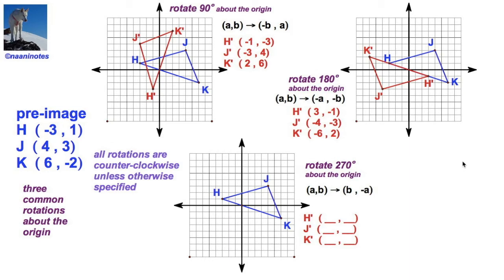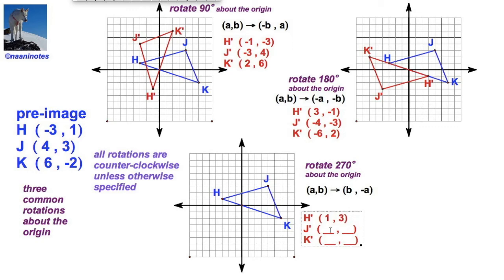Let's go to our third very common rotation, the 270-degree rotation. Again, we're going to take H at (negative 3, 1), and that will map over to, let me make sure we get this right. I'm getting dizzy with all these coordinates. That'll be (1, 3), the opposite of negative 3.